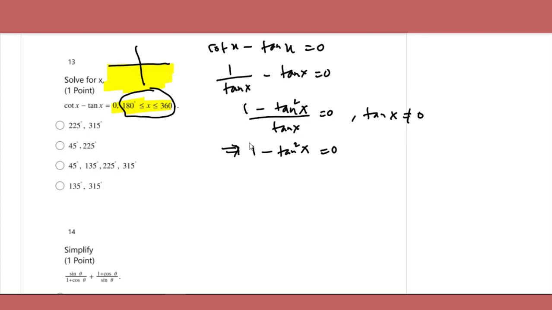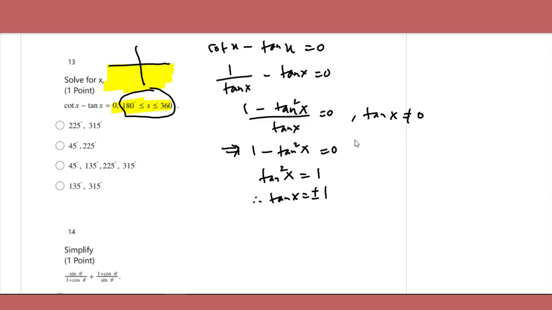It implies that the numerator should be 0. Then simplify: tangent x squared is equal to 1. Therefore, tangent x is equal to plus minus 1. You have two cases, positive and negative.